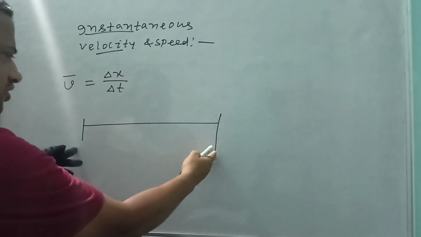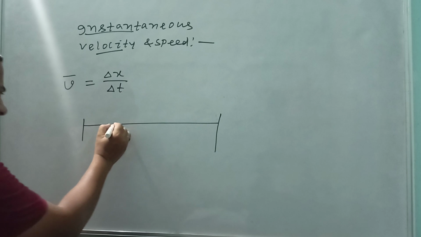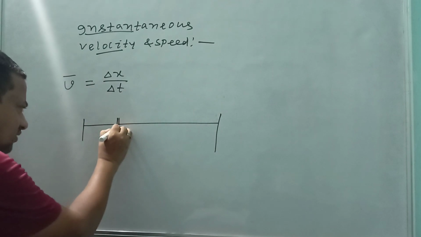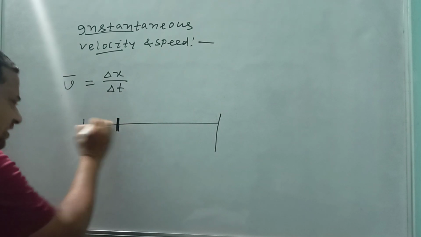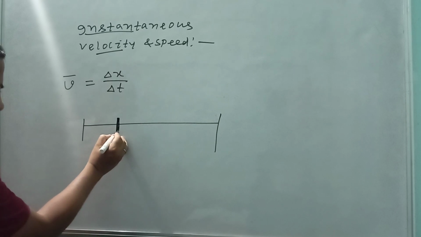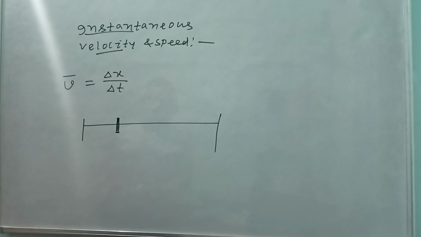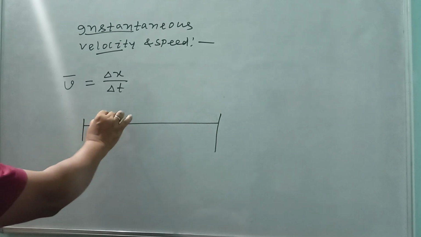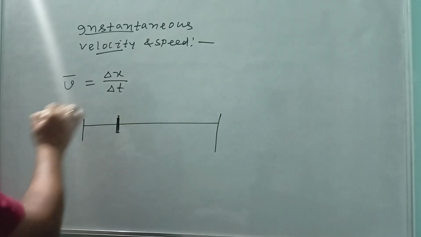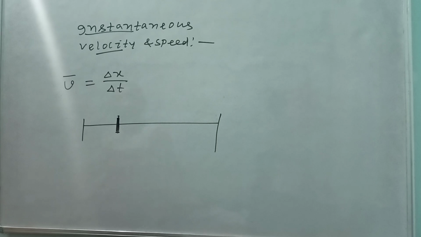But if the time interval is very small, suppose you take here is a time, here is another time, so the time interval is very small, very close, then that is your instantaneous. That means you are calculating velocity at this instant. This is your instantaneous velocity.